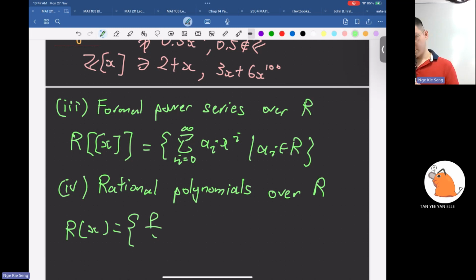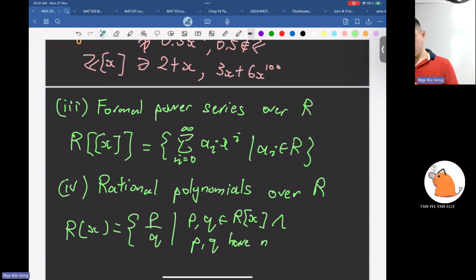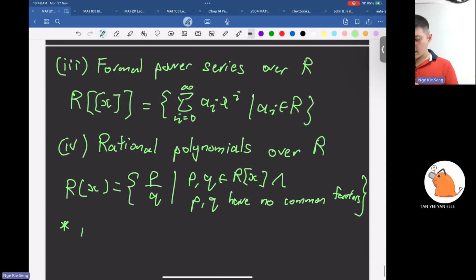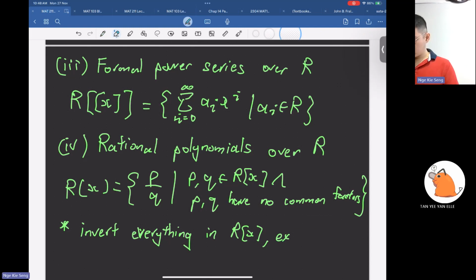So this set is P over Q such that P, Q are in R[x], the polynomial ring, and P and Q have no common factors. So here we invert everything except 0. We don't invert the 0 polynomial in R[x].